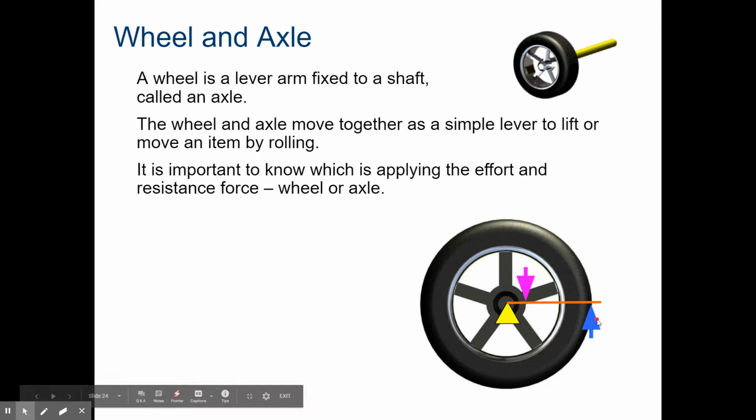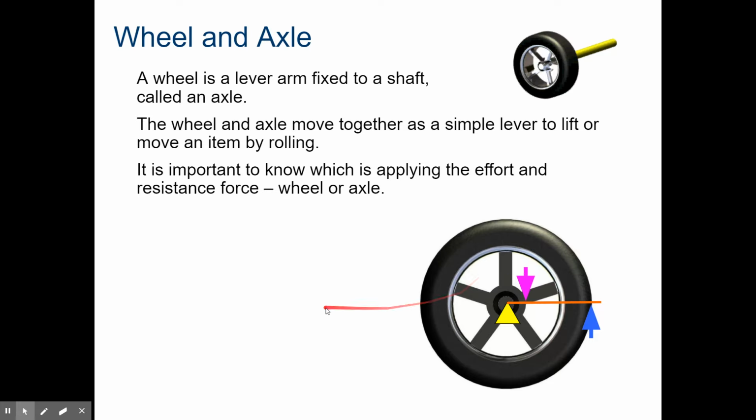So the wheel and axle move together as a simple lever to move something. It's important to know what is applying the effort and what's applying the force, the wheel or the axle. Sometimes this arrow will be the resistance, sometimes this arrow will be the effort.